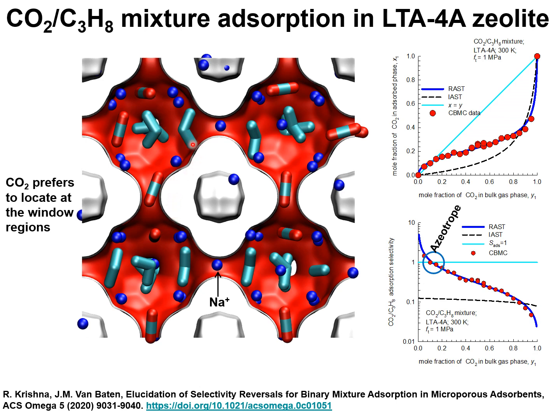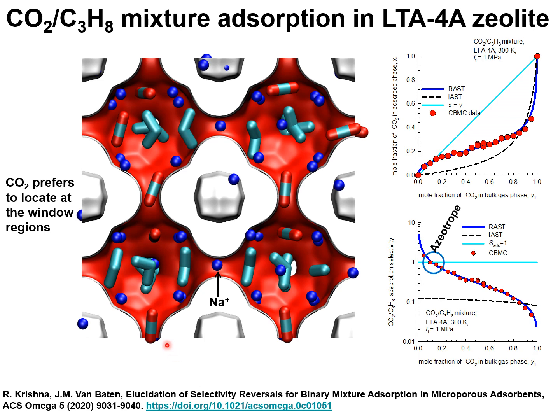The propane molecules are too bulky to locate at the window regions and are primarily or predominantly located within the cages.